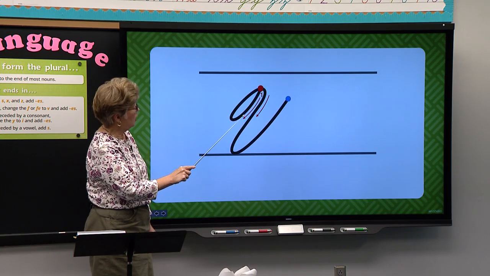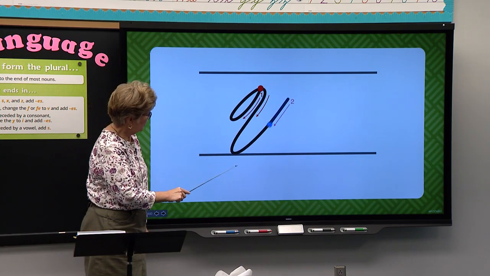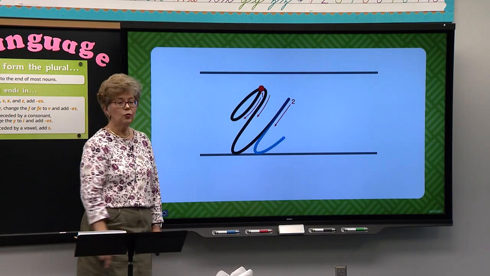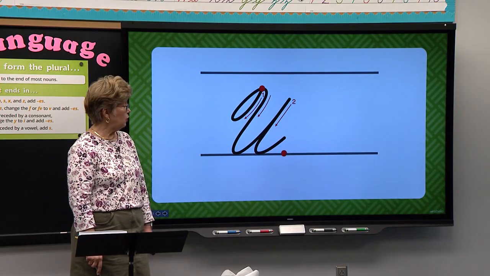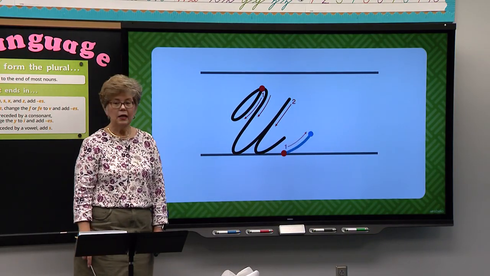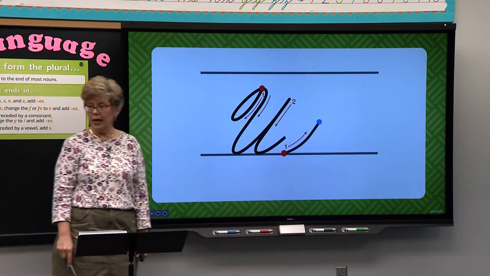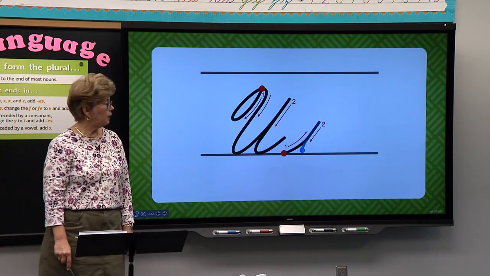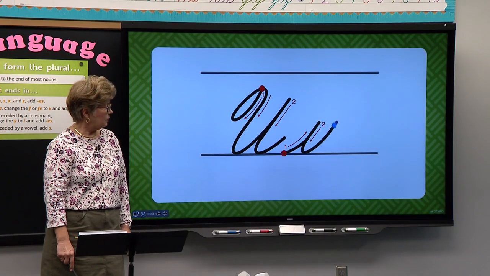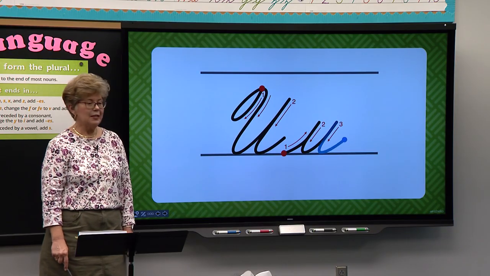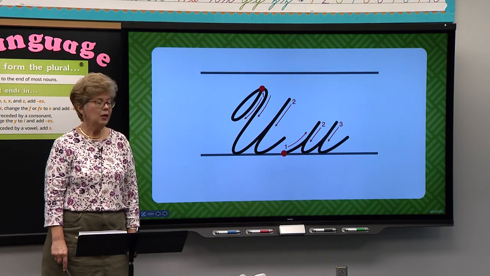We're going to slide back down. Capital letter U would connect to other letters. Lowercase letter u starts at the baseline, up, slide down, back up, and finish with that connecting stroke there at the bottom.